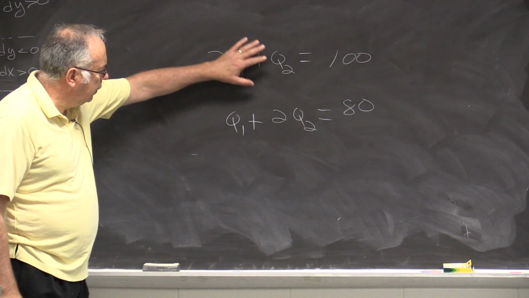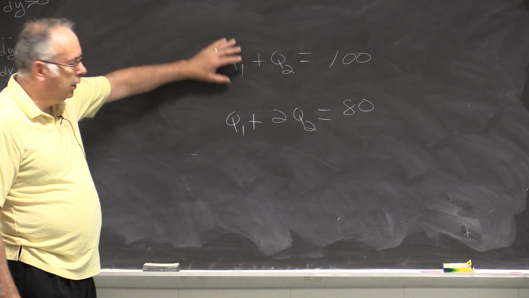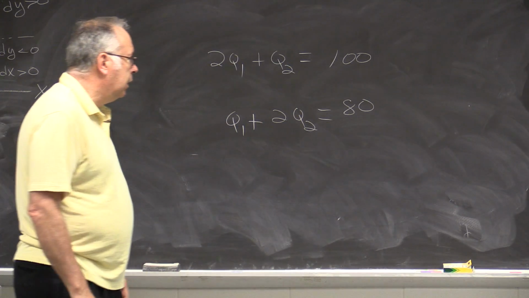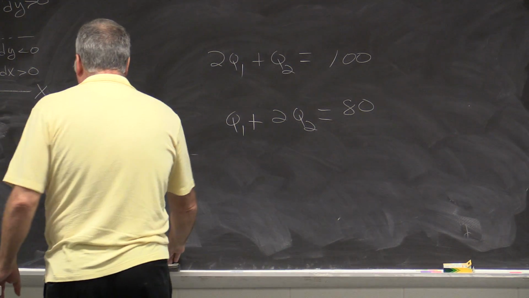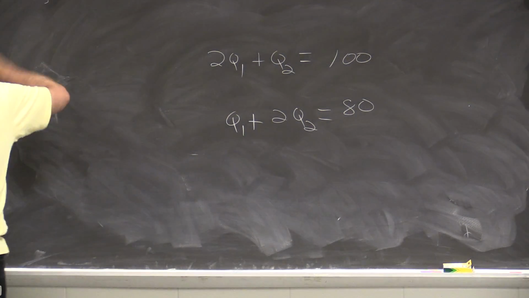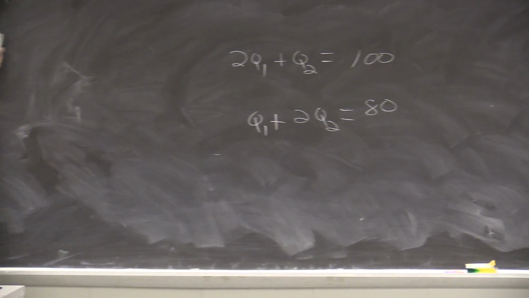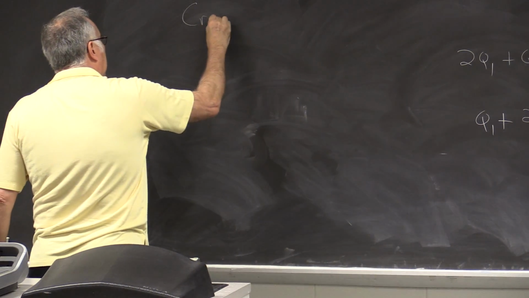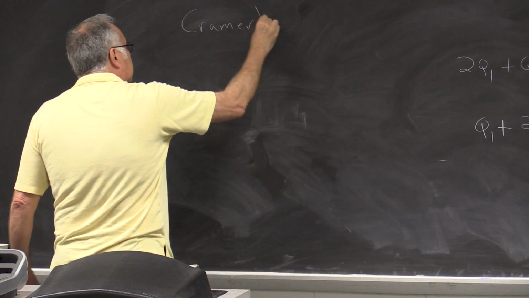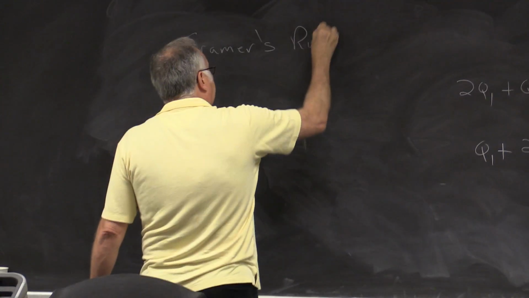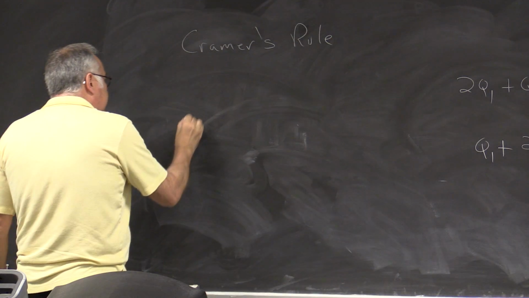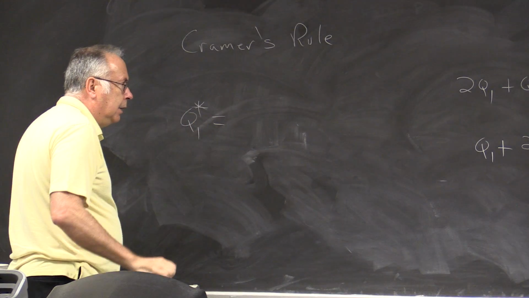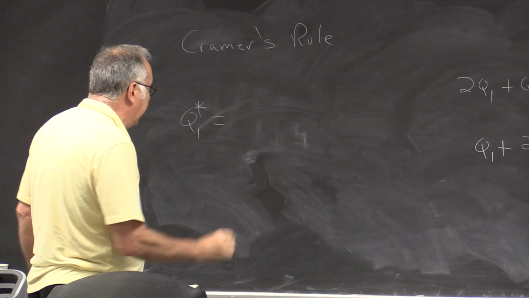Now the q1 and q2, notice they're aligned in columns. q1 in the first column, q2 in the second column. So if you write it that way, then Cramer's rule is just this. If you want to solve for q1 star that satisfies that linear equation system, you do the following.